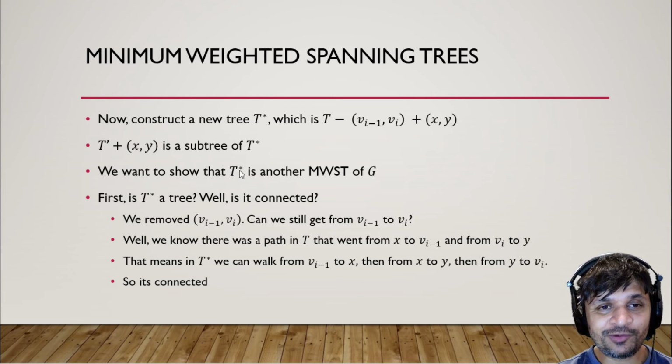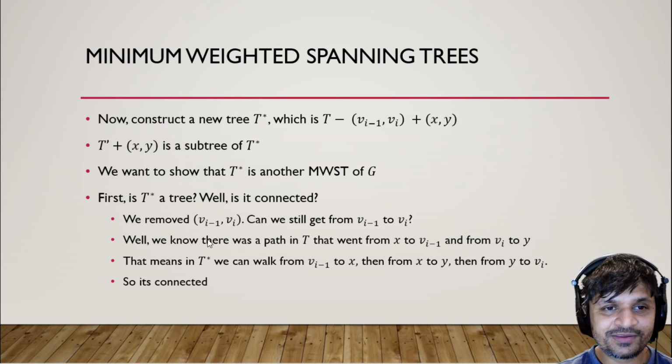Well, if we want to prove that T star is a minimum weighted spanning tree, the first thing we have to prove is that it's a tree. So the first question is: is it connected? T was connected, but then we removed v(i-1) vi. So it's possible that we removed the only way to get from v(i-1) to vi, because we removed that edge.